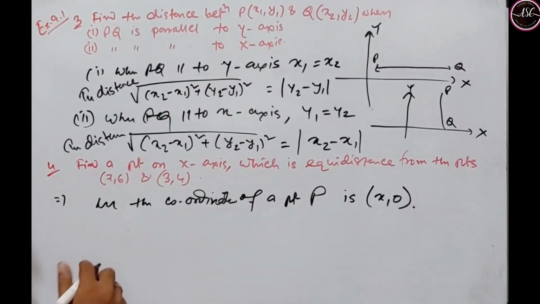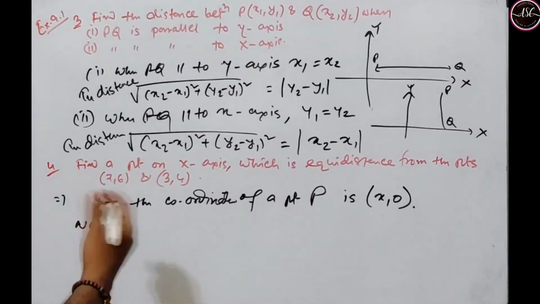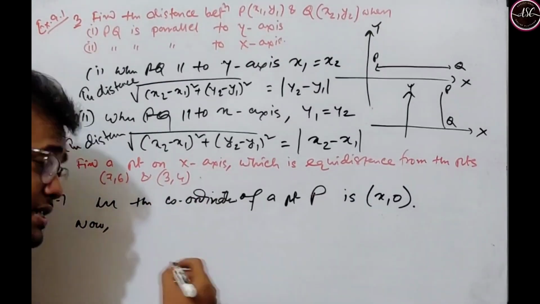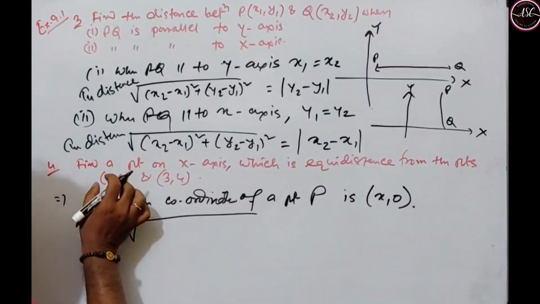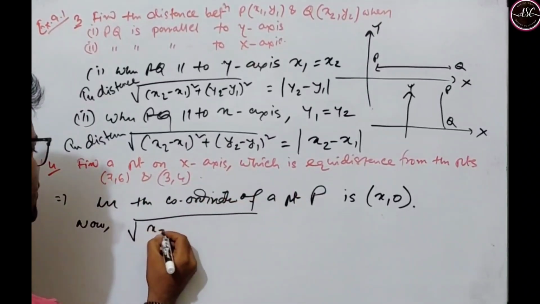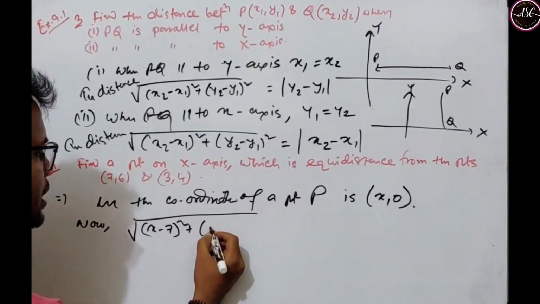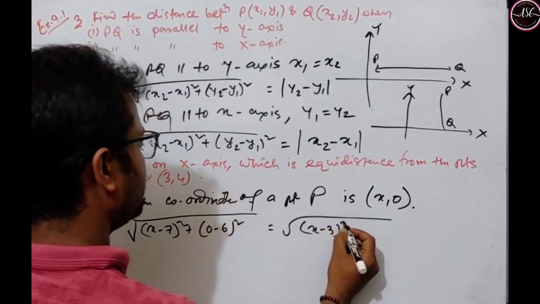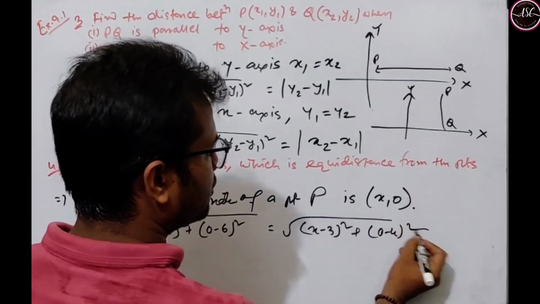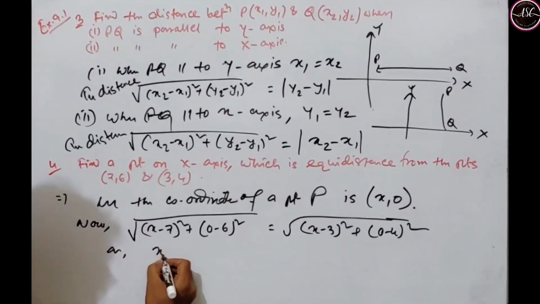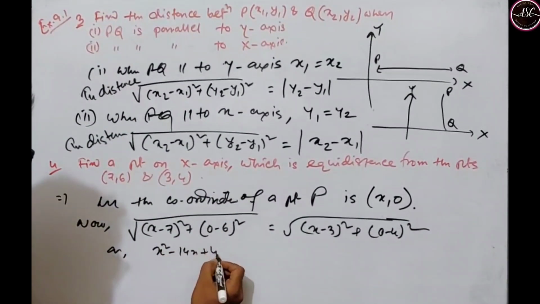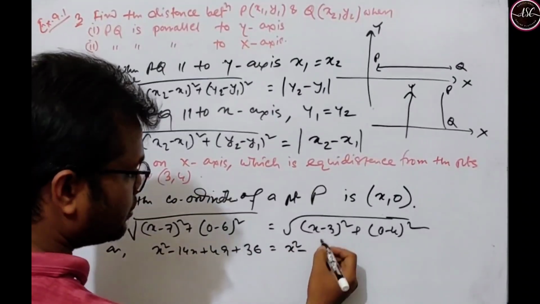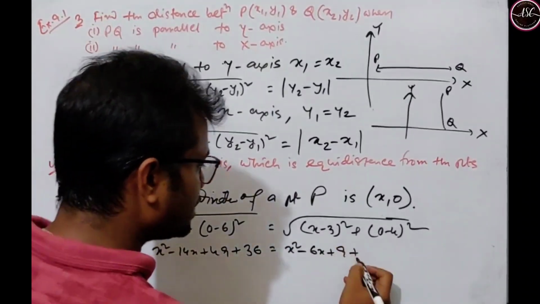Okay. So now as this is equidistant from these 2 points, we can write using the distance formula, root of x minus 7 whole square plus 0 minus 6 whole square equal to root of x minus 3 whole square plus 0 minus 4 whole square. Okay, just calculate this. x square minus 14x plus 49 plus 36 equal to x square minus 6x plus 9 plus 16.